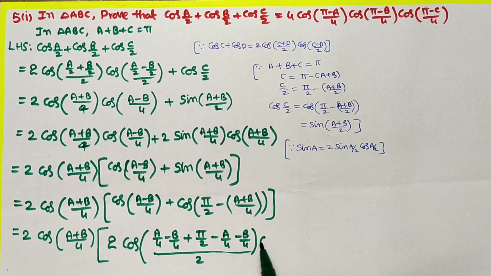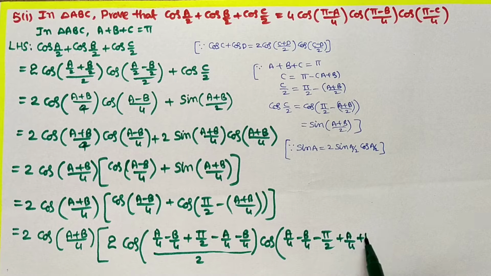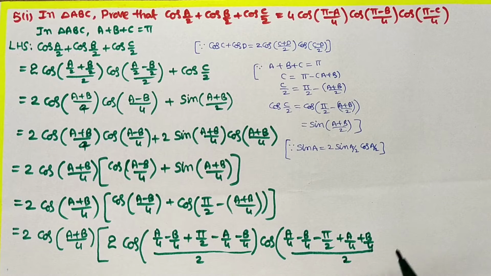Next, cos of (c minus d) by 2. That means a by 4 minus b by 4 minus (pi by 2 minus a by 4 plus b by 4) whole divided by 2.